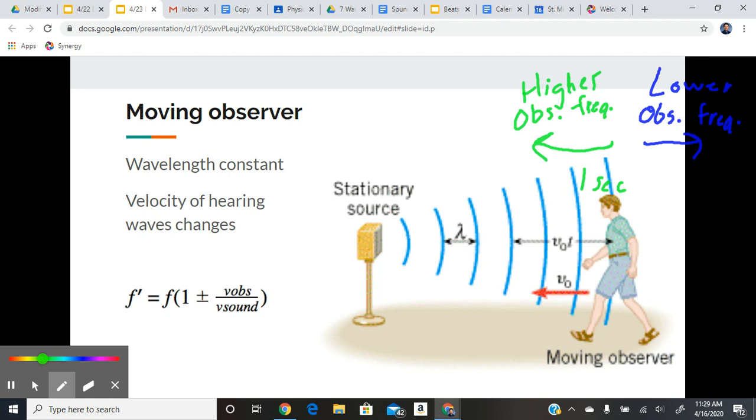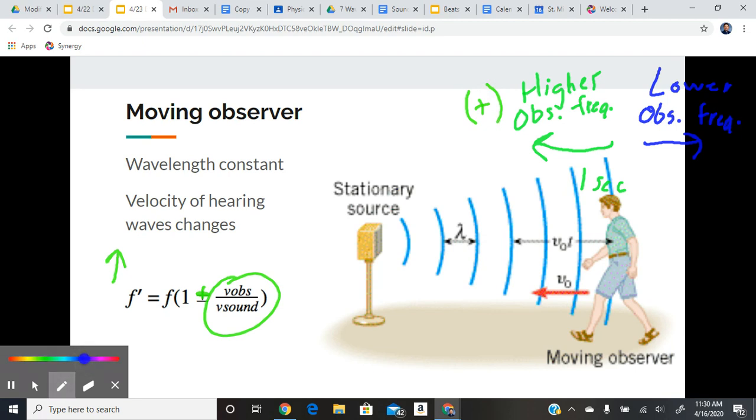If I add to this, I add this number to my 1. So whatever you find for this fraction here, I add it to that 1, that's going to create a higher observed frequency, because we're not dividing, we are multiplying. So for the higher observed frequency for the moving observer, we would use addition.